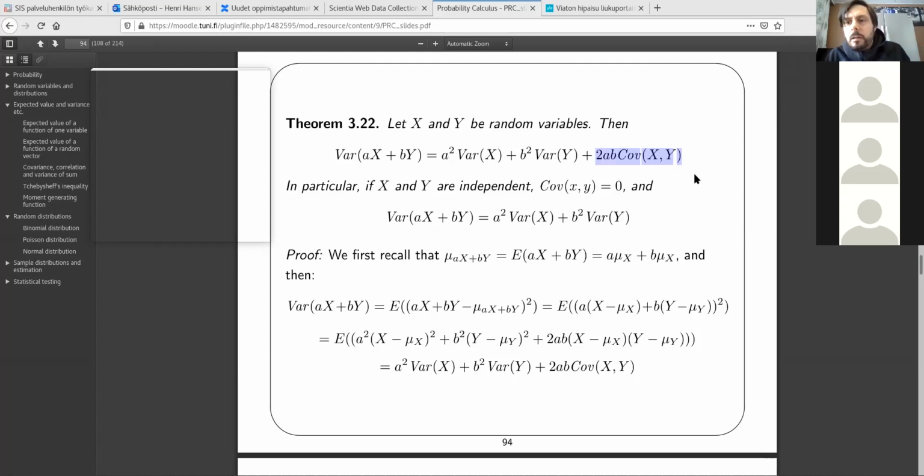Whereas if they have a positive covariance, then whenever X is far away from its expected value and Y is also far away, it's usually in the same direction. So we are even further from the expected value of the sum than simply by the usual X and the usual Y. So only when X and Y are independent is the variance of AX plus BY going to be A squared times the variance of X plus B squared times the variance of Y.